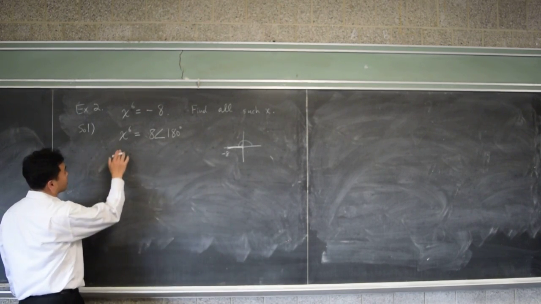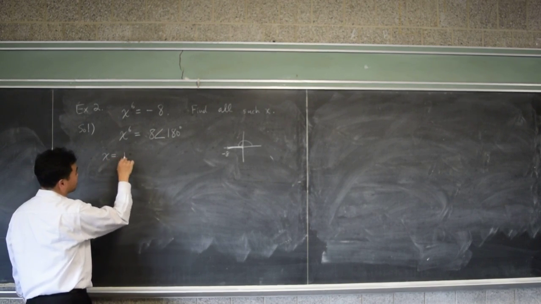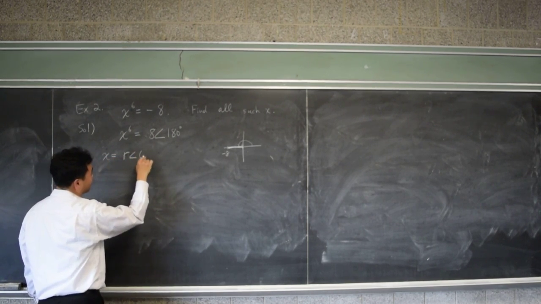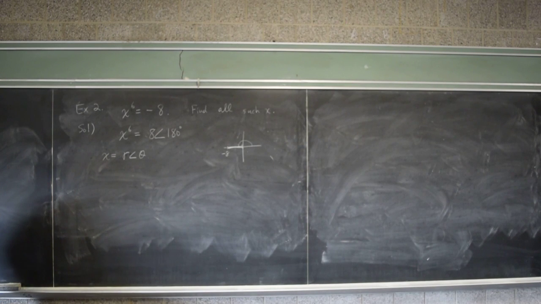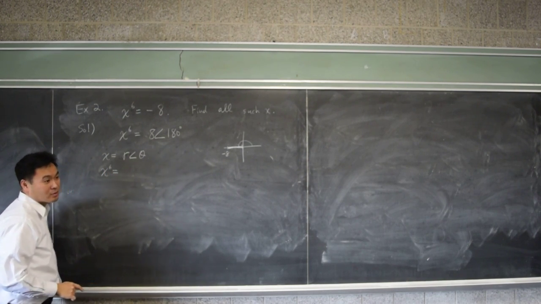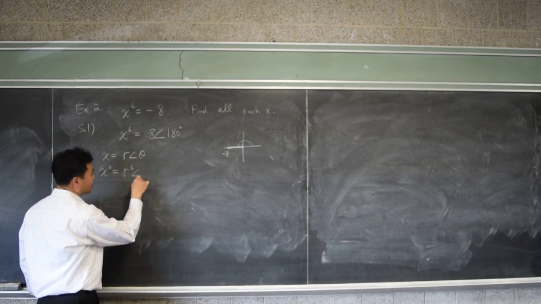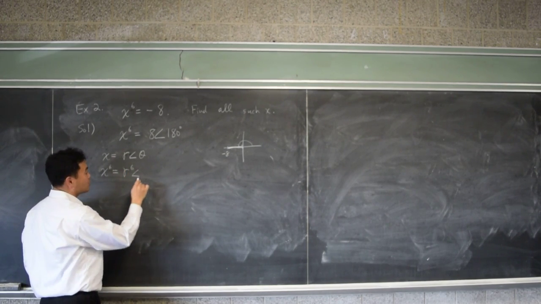Okay, and on the left side, you just say x is equal to some number, which is r angle theta. Then what is x to the 6th power? R to the 6th power, angle 6 theta.